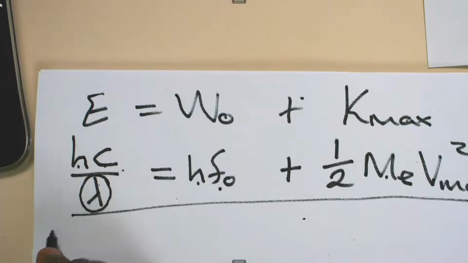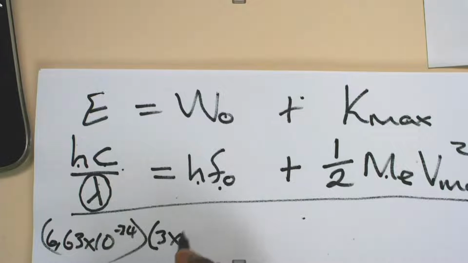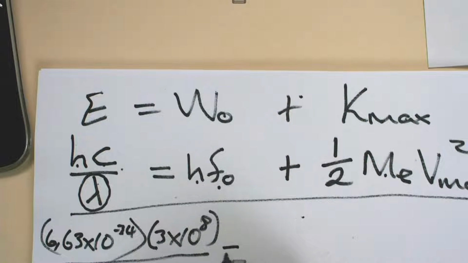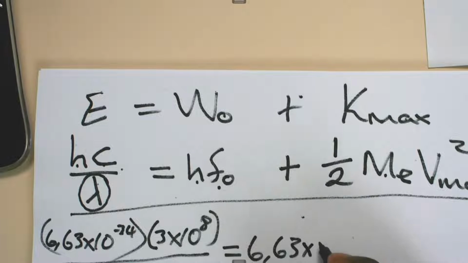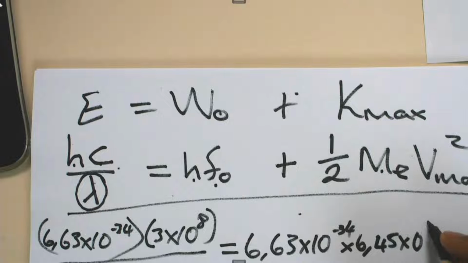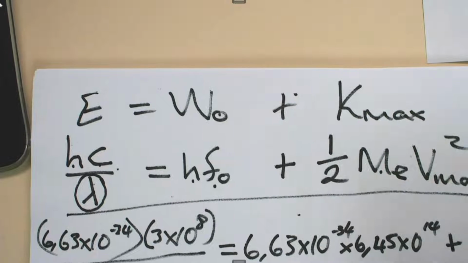So here we'll then have 6,63 times 10 to the power minus 34 multiplied by 3 times 10 to the power 8 all over the wavelength. And then on this side, Planck's constant 6,63 times 10 to the power minus 34 multiplied by the threshold frequency that we are given, which is 6,45 times 10 to the power 14, plus half the mass.